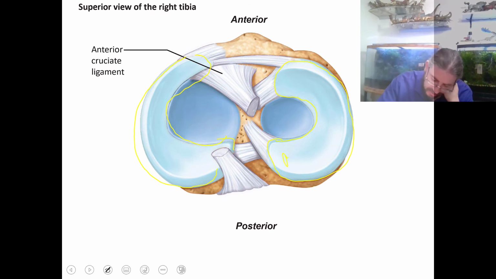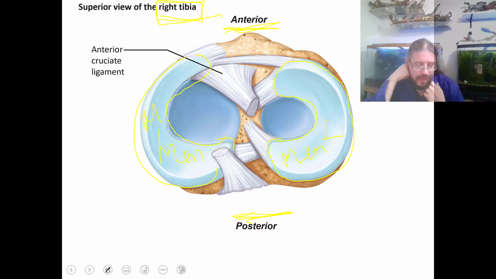So this is the meniscus. If this is anterior and this is posterior, then we have the medial meniscus and the lateral meniscus, because this is the right tibia.